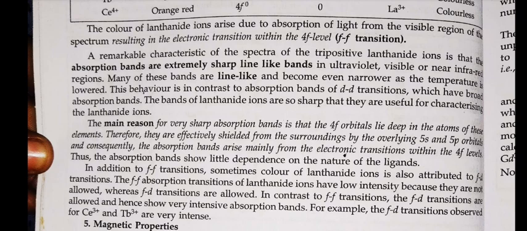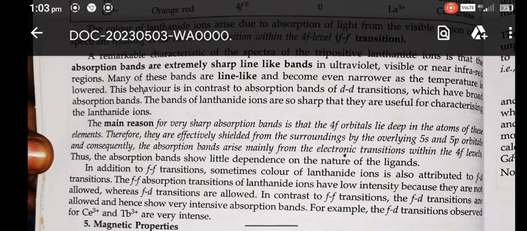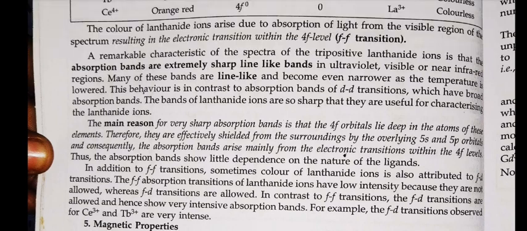The color of lanthanide ions arises due to absorption of light from the visible region of the spectrum, resulting in electronic transition within the 4f level, the f-f transition. A remarkable characteristic of the spectra of tripositive lanthanide ions is that the absorption bands are extremely sharp, line-like bands in ultraviolet, visible or near infrared regions.